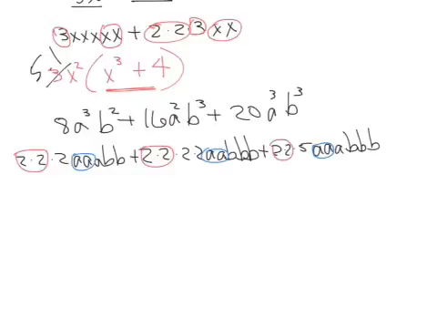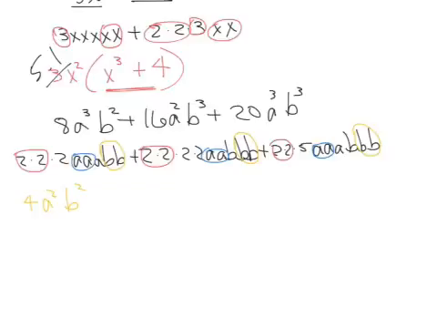I've got 2 and 2. That's all they have in common. So let's go ahead and multiply everything. 2 times 2 is 4. A squared, b squared. That's what I have in common.